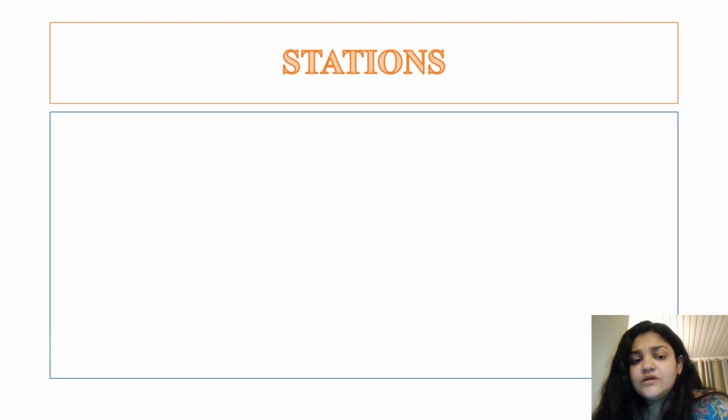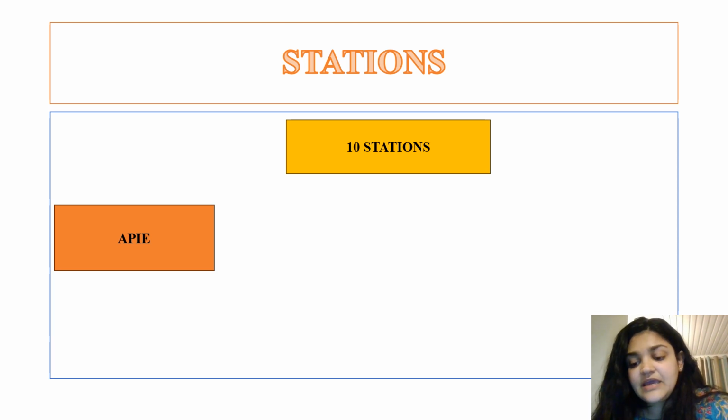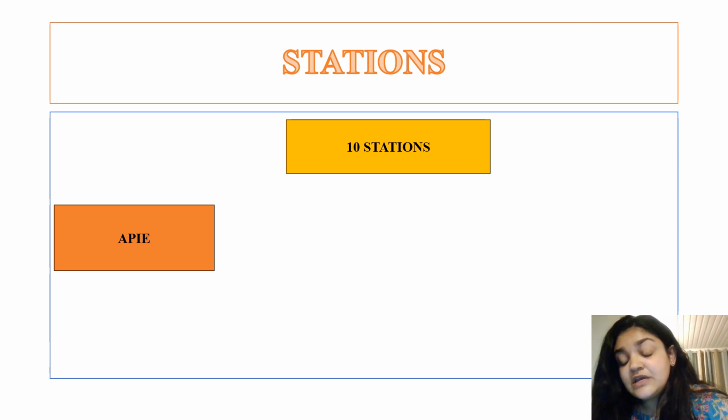Now we will talk about the stations in the OSCE. There are a total of 10 stations. First is APIE, which constitutes four stations. Assessment means assessing the patient: airway, breathing, circulation, disability and exposure.